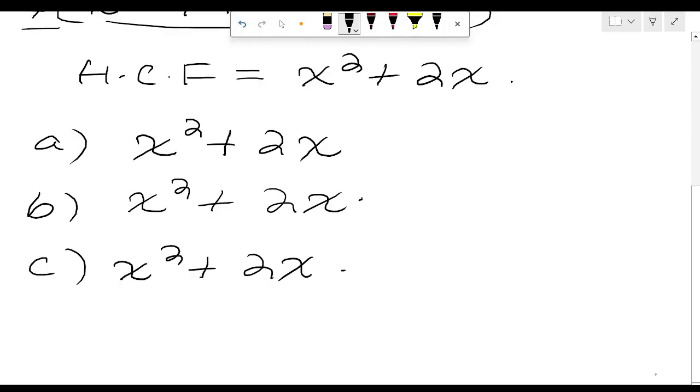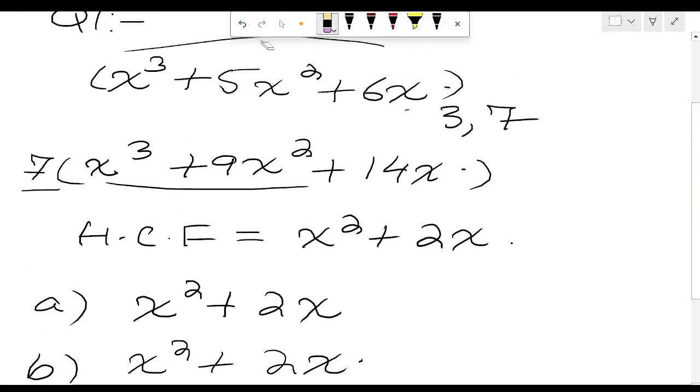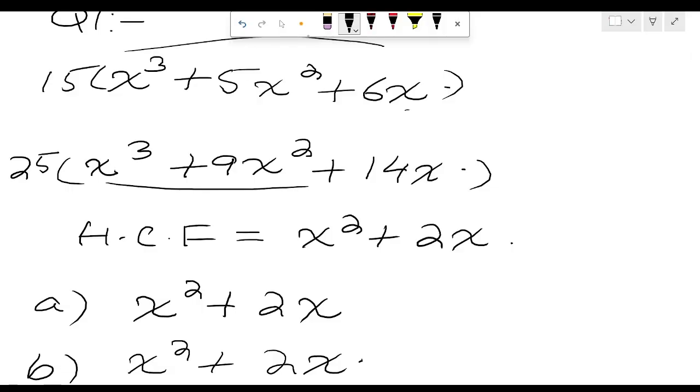Now in part number 4, they are saying what would be the HCF if we have 15 being multiplied in the first polynomial and then in the second polynomial we have 25. So look, now the HCF will be changed. How? In the first case we have 15 and in the second we have 25.